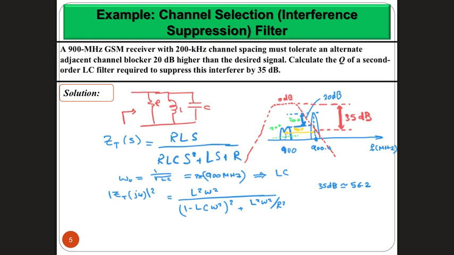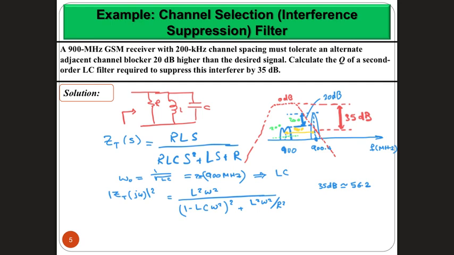You can do that in your calculator. So what we are saying is that the ratio between the maximum of the filter response at the center frequency, divided by the value here at suppressing the interference at 900.4, in square magnitude should be 56.2 squared, right?